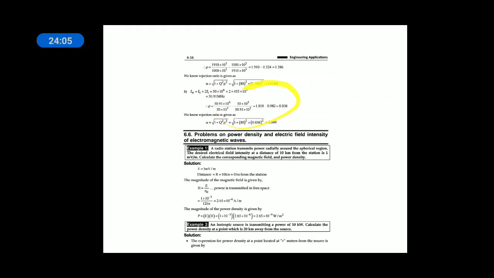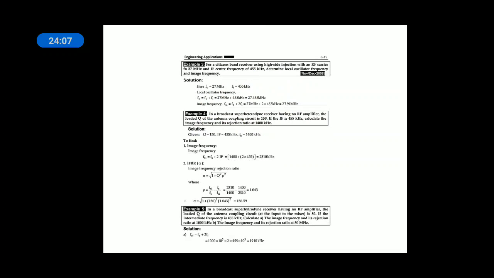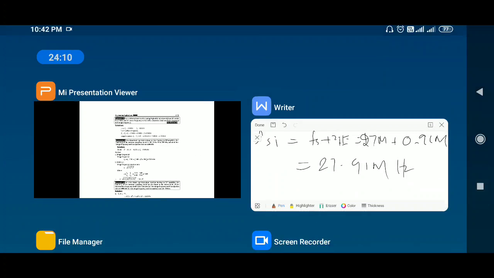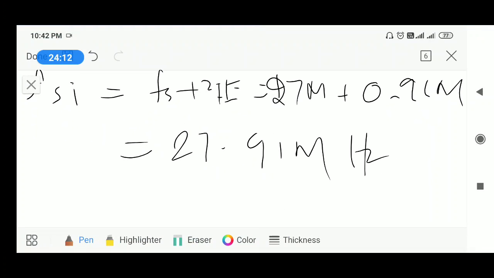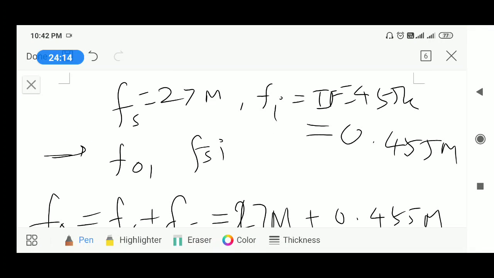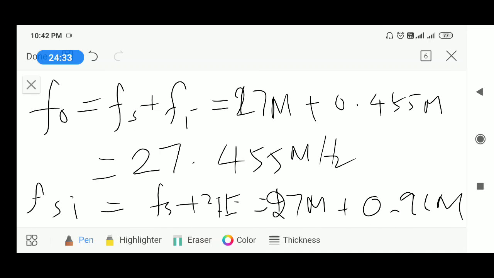Yes, they provided 27.91 mega. I'll show you the procedure. Fs is 27 mega, IF 455 they provided, and the local oscillator as well as the image frequency we need to calculate. I converted 455 kilohertz into mega, that is 0.455 mega. The image signal is given by Fs plus 2IF.